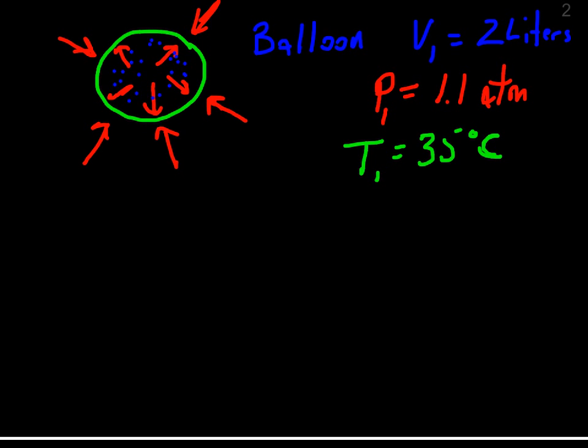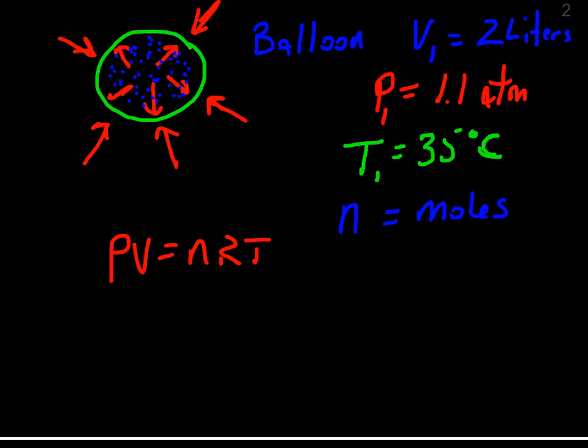Now, what I want to solve for is n. I want to find the number of moles that balloon has trapped inside of it. So I want to figure out how many of these little blue dots are inside of that. What I'm going to do is go back to the ideal gas law. PV is equal to nRT. The pressure happens to be 1.1 atmosphere.